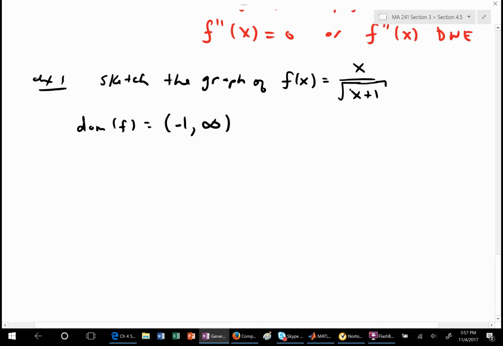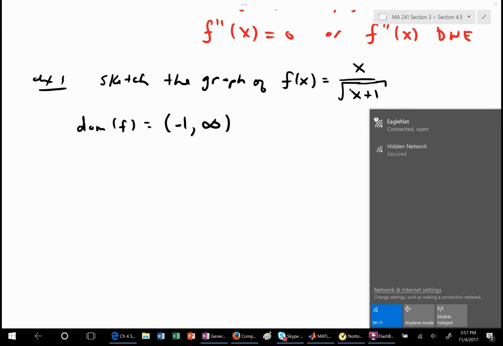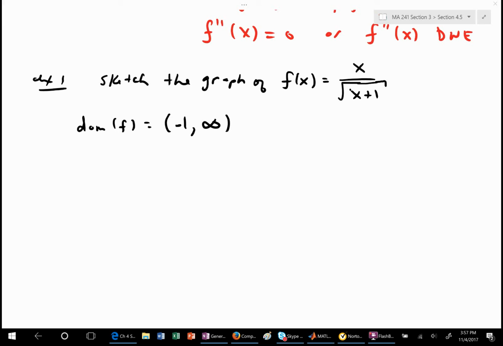Do I have symmetry here? I'm not symmetric about anything, right? So there's no symmetry here. Let's see. What about the endpoints? So notice I don't have any endpoints. This is unbounded. But I'm going to look at the limit as x goes to infinity, okay?